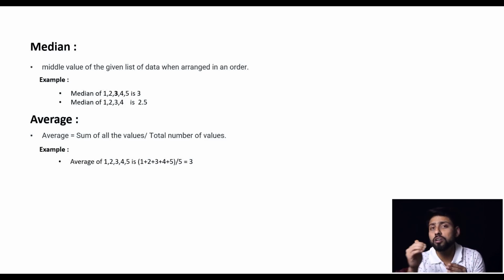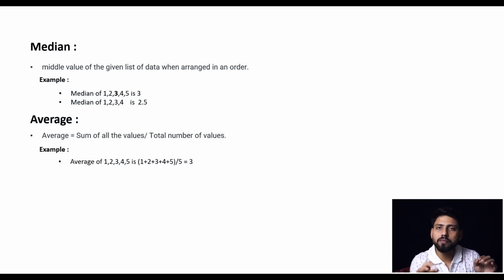If it had been 1, 2, 3, 4, 5, 6, we would have discarded 2 from this side and 2 from this side, and in between there would be 3 and 4. So 3 and 4 would have been in the middle of 1 to 6. In this case, the middle is 2 and 3.